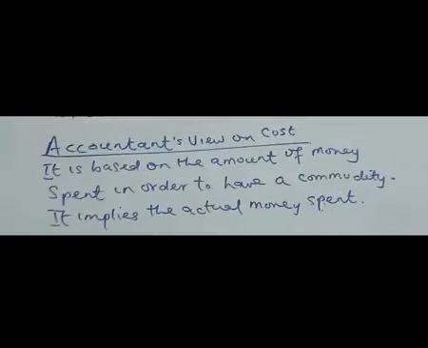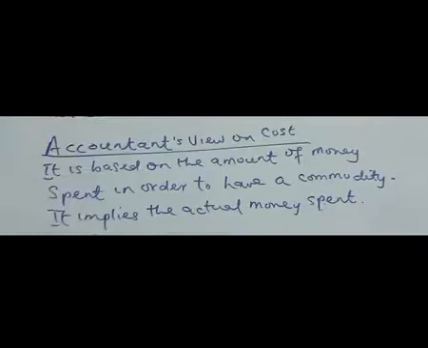The accountant's view on cost is based on the amount of money spent in order to have a commodity. So according to the accountants, they believe in the amount you have spent, not what you left unpurchased. They are after the actual money spent, while the economists are not after the actual money spent, but the commodity that you cannot acquire.